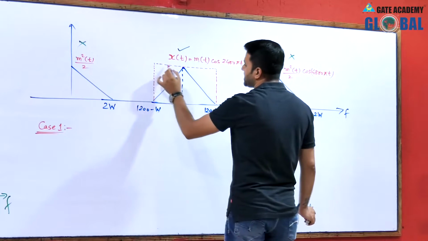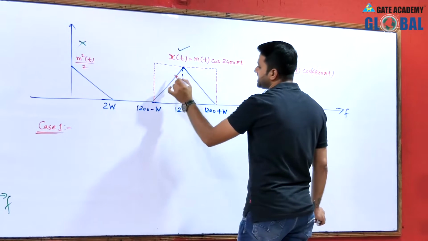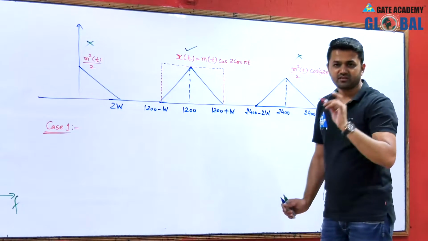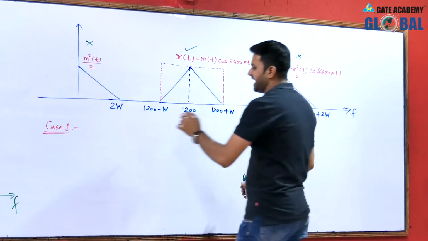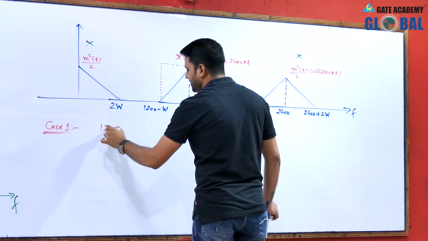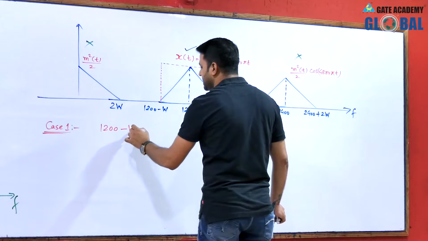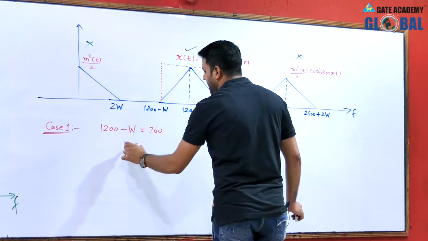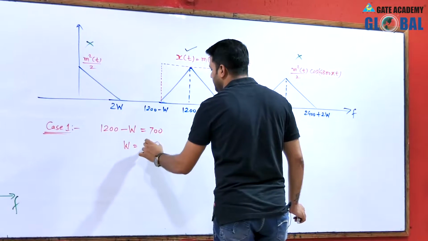Then this signal will pass and these two signals will be rejected. If I do this, then 1200 minus W should be equal to 700 and I get W equal to 500.